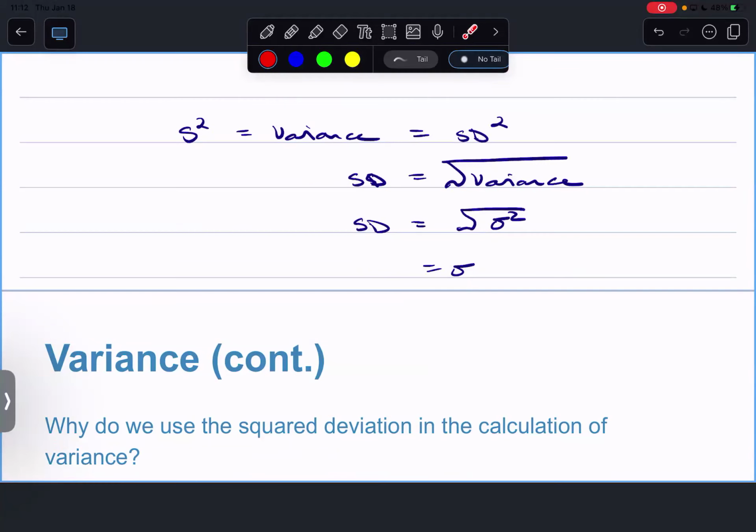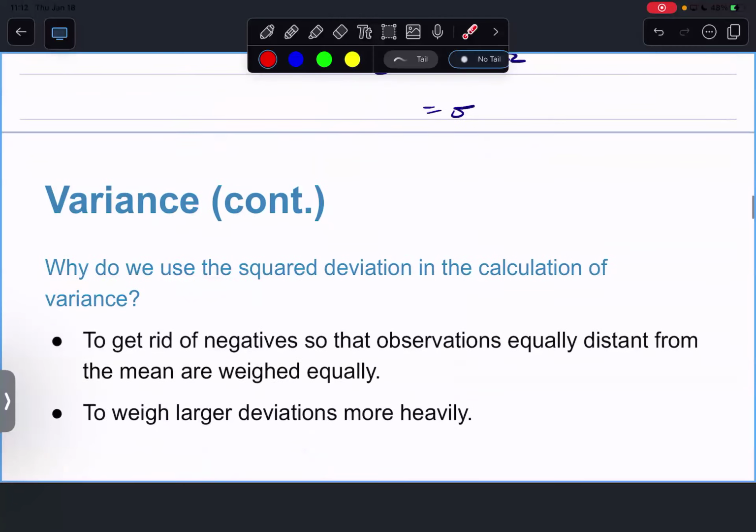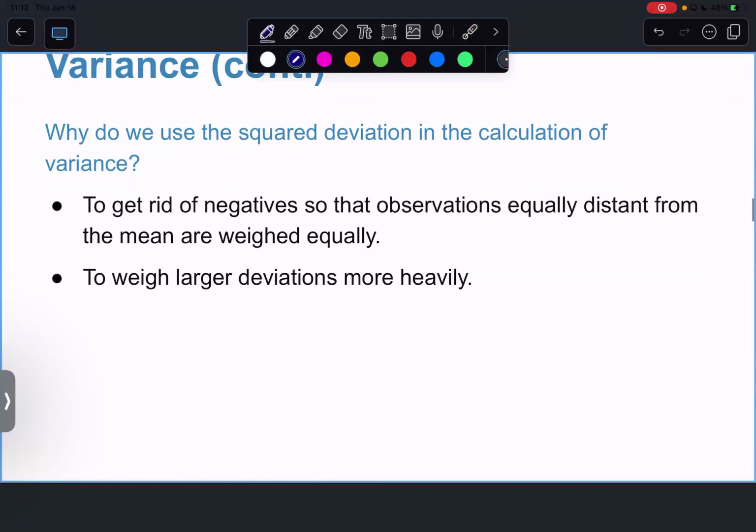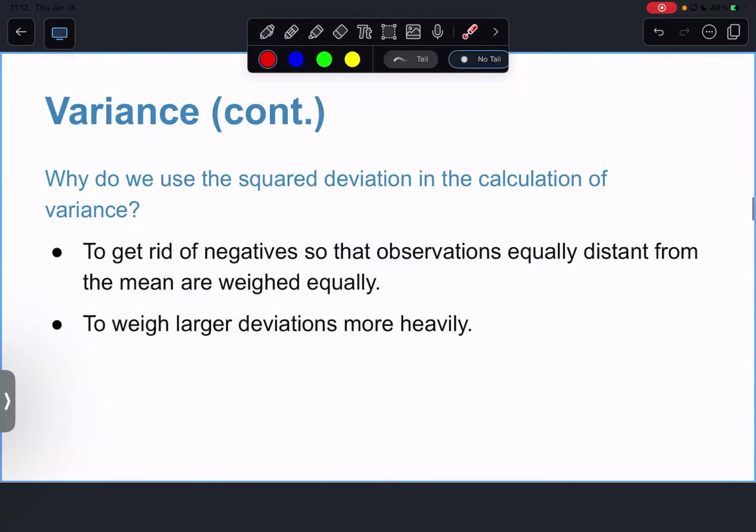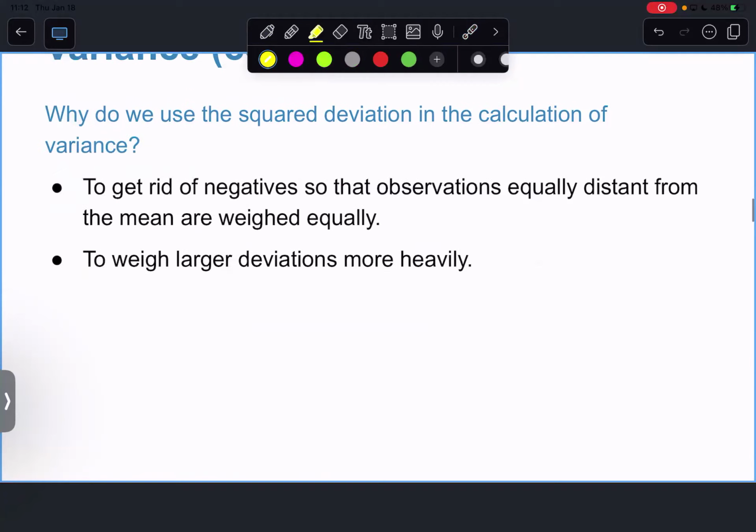Now, I said this last day, so I'll include it as part of the review, but right, we use the squared deviations to get rid of the negatives. That's a common thing that we use squares for, okay? But also because larger deviations are weighted more heavily. Okay?